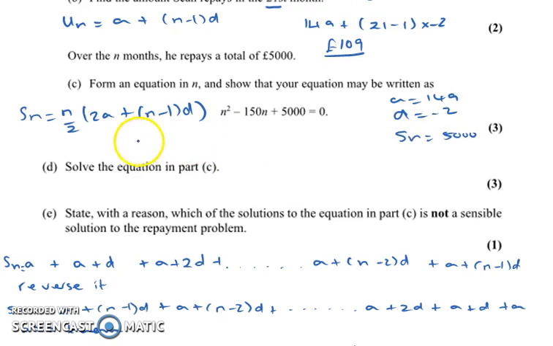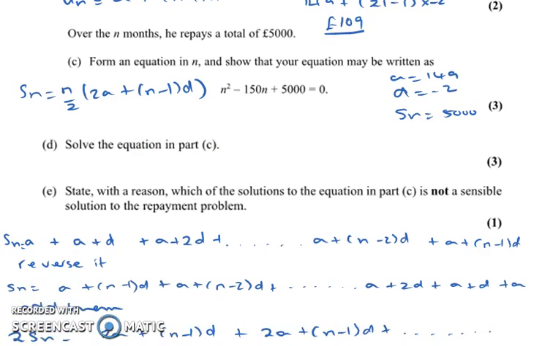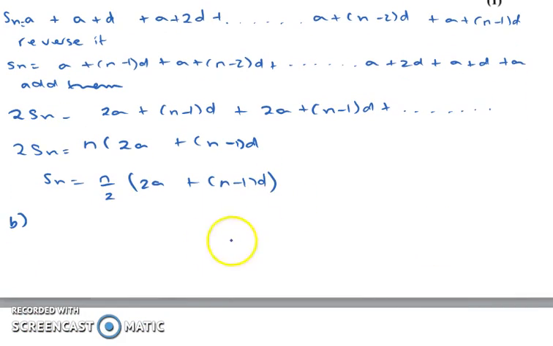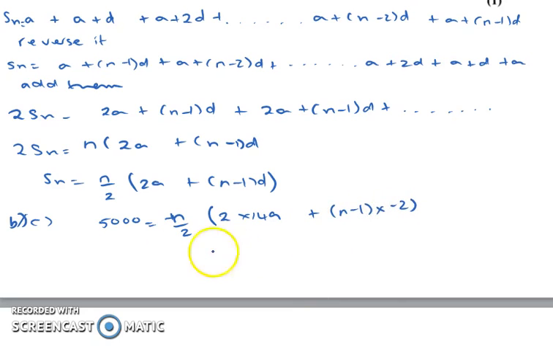We'll stick all this in, and let's go right down the way, make a bit of space I think. So we've got 5,000 equals n over 2, 2 lots of 149, add n minus 1 times -2.